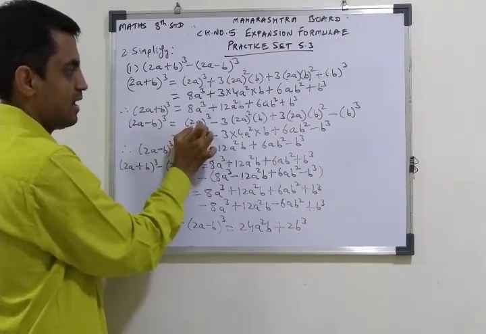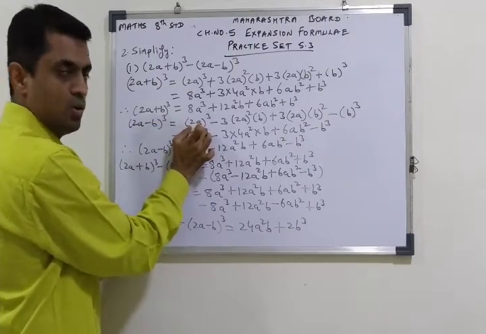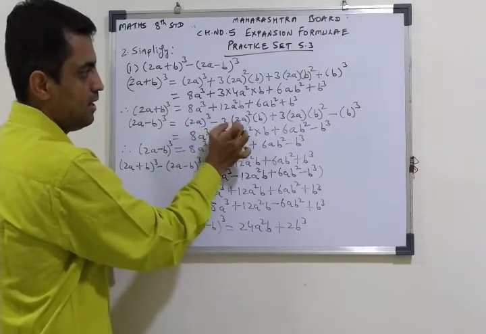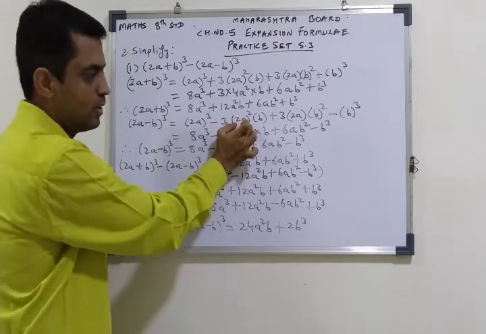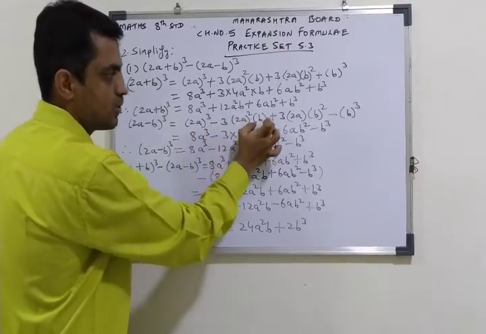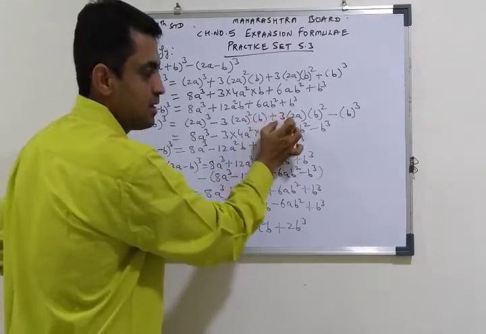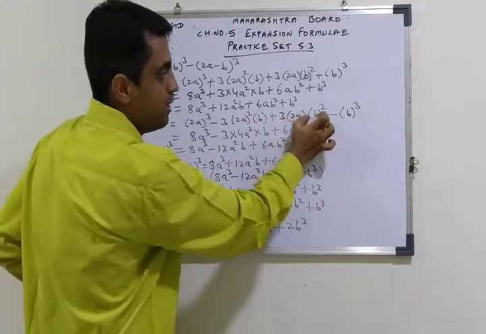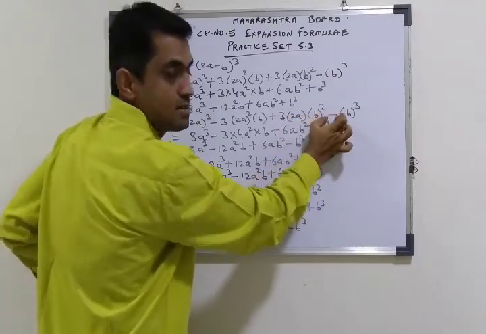So instead of a we are writing 2a cube means a cube minus 3a square, our a square means 2a. So a cube minus 3a square b plus 3 into a, b square minus b cube.